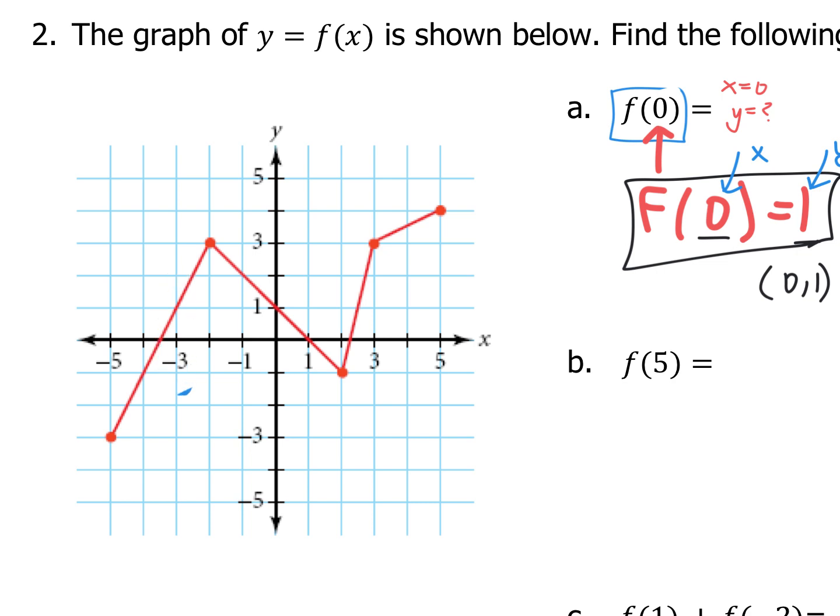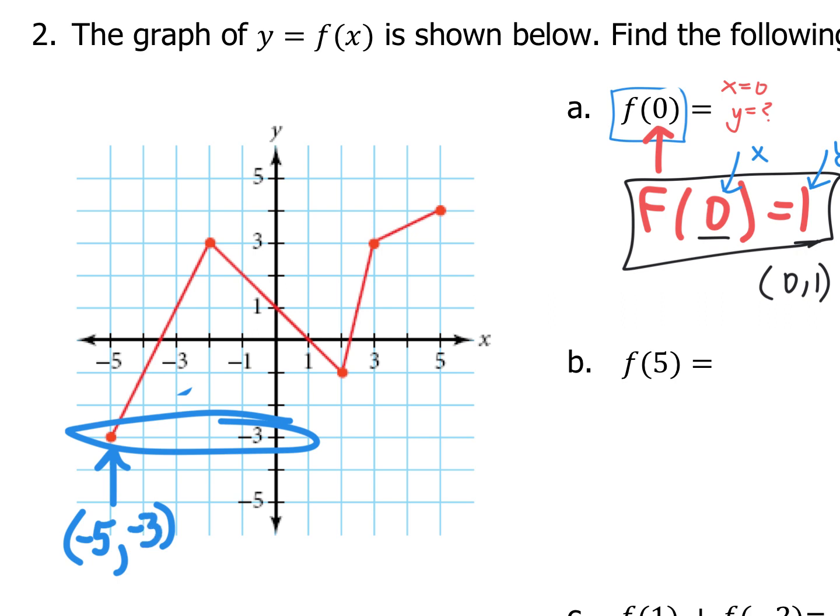Am I looking for that spot there? Yes, because that is where Y is -3. Now they don't want me to tell them what Y is again. They already told me that. They want to know what X is. I like to put the point and go, well, at X is -5, Y is -3. See, that's that point right there. -5, -3. So when they told us f of X was -3, we can tell them back that X must be -5.